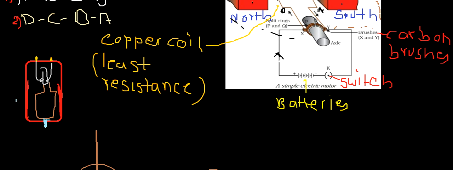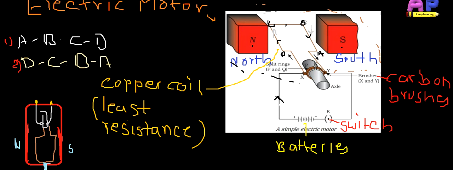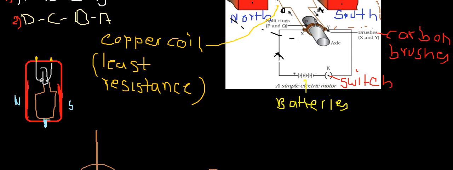So if this is my North Pole, this is my South Pole. Remember it's all enclosed in a cylindrical tube, mostly metallic. And when we start the motor, we connect these two ends to the terminals of the battery.